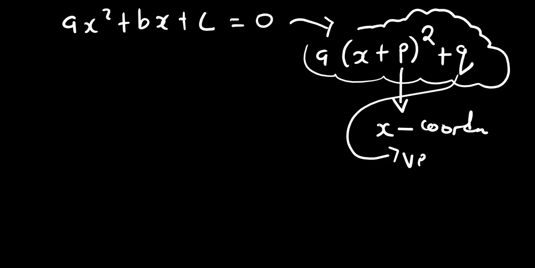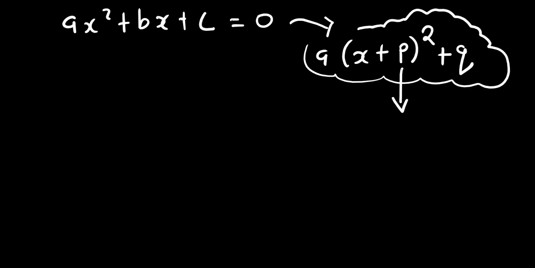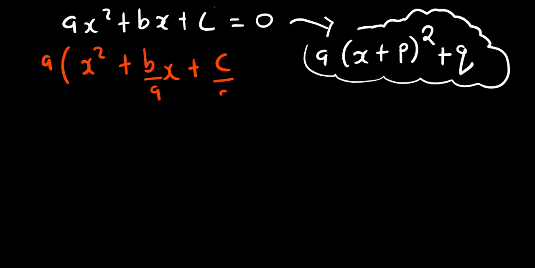Okay, so let's start. Let's factor out a. When we factor out a, what are we going to have? We have a, your x squared will remain, plus b over a x plus c over a, and this expression is equal to 0.